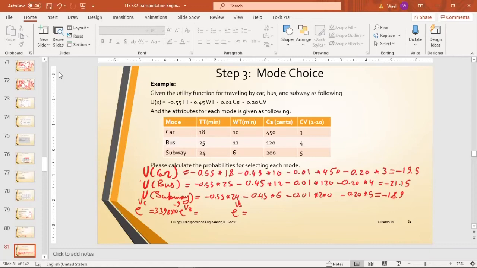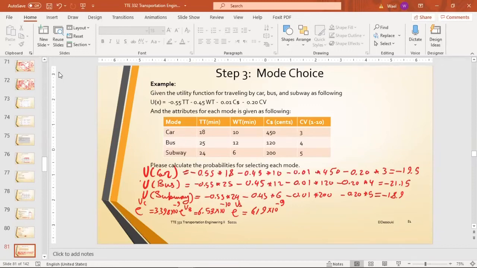This one, 21.15, is going to be 6.53 multiply 10 to the power minus 10, and this one, 18.9, will be 6.19 multiply 10 to the power minus 9.